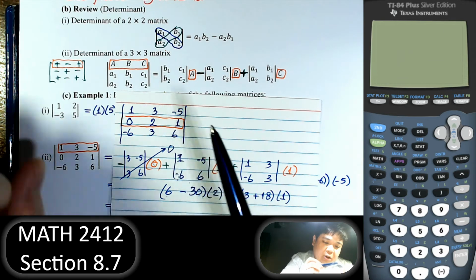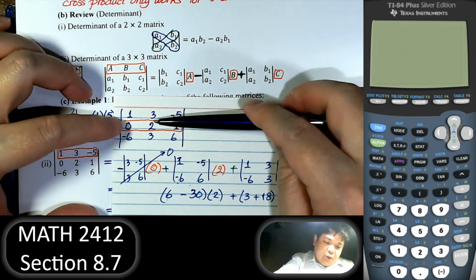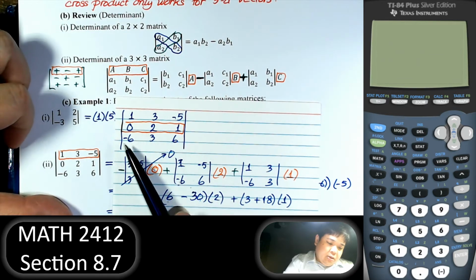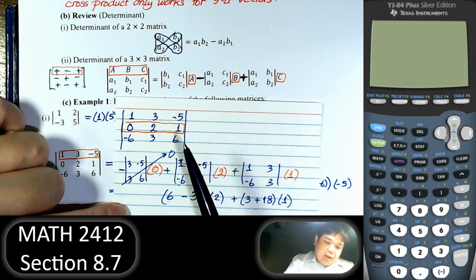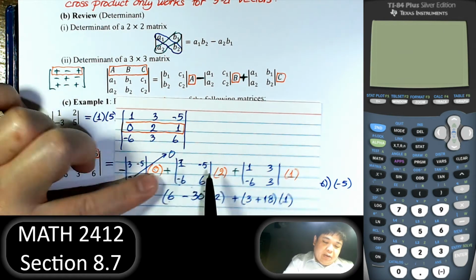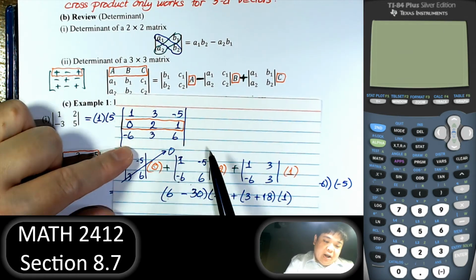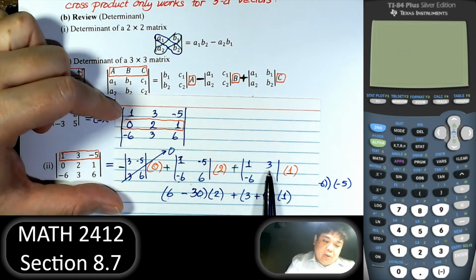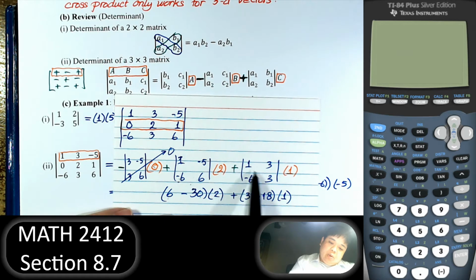Let's do that again. For 2, so 1, -5, -6, 6. The first one doesn't matter, and then 1, -5, -6, and 6, and then for the last one, 1, 3, -6, and 3. So 3. That's okay.